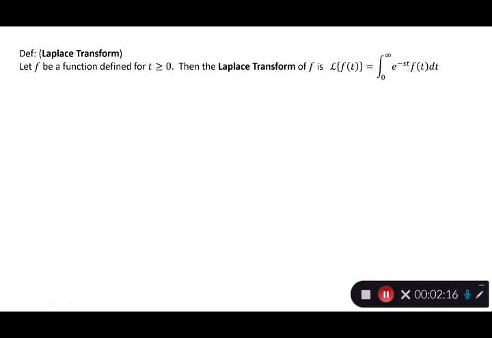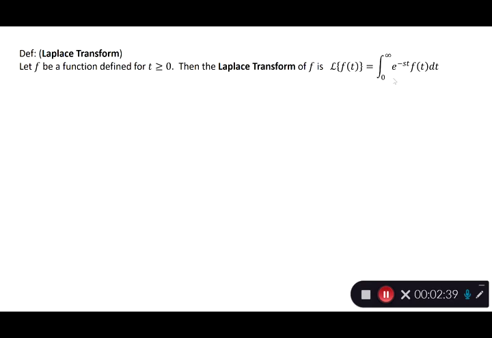Just like that, you work this one out, okay? But once you plug in the limits for t, the 0 to infinity in this case, what results is a function of s. And that function of s, which is the Laplace of f of t, is what is represented with an uppercase F of s.